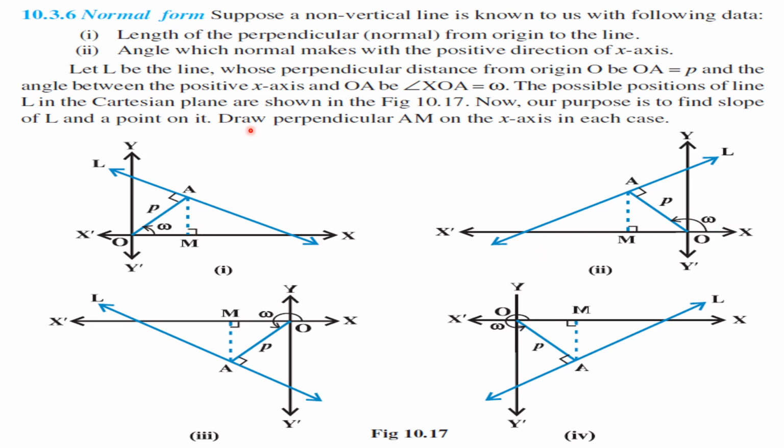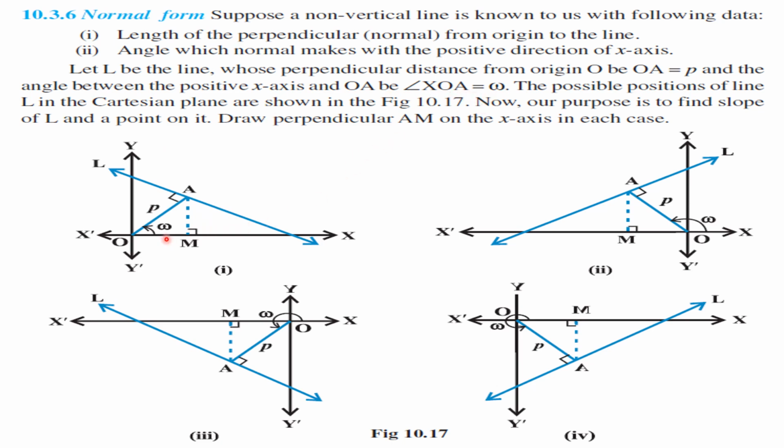Understood these figures? Let L be the line whose perpendicular distance from the origin, OA, is equal to P. Here this is the perpendicular distance from the origin, P units from the origin. And the angle between the positive x-axis and OA, angle XOA, is equal to omega.